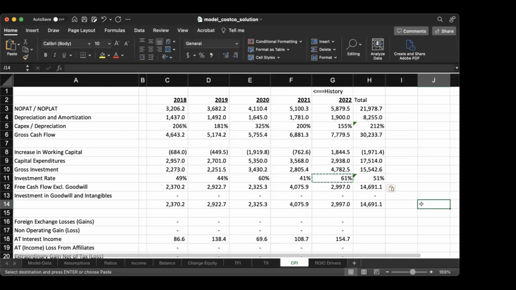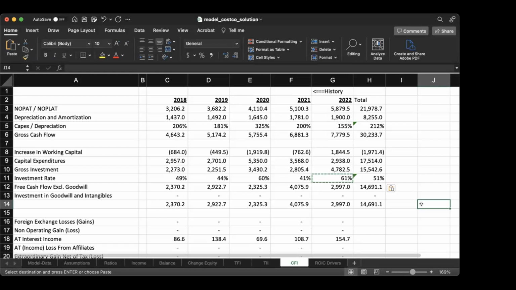So overall, I think they generated about $30 billion and they invested around $15 billion. So they were left with around 14.6. Okay. Any 5-year trends that were jumping out at you? Yeah, so let me see investment.